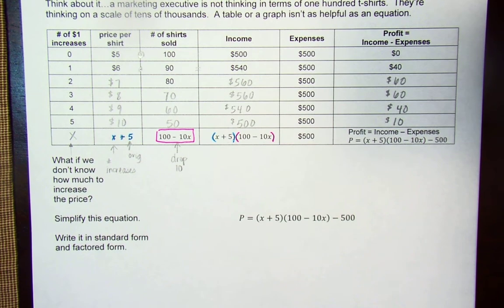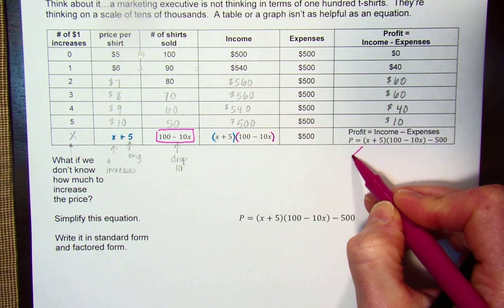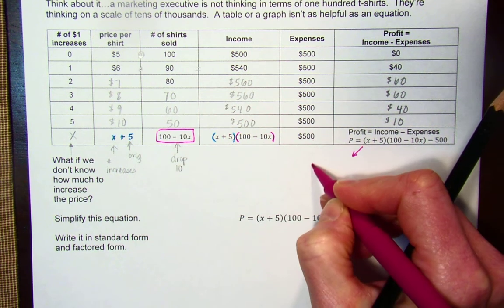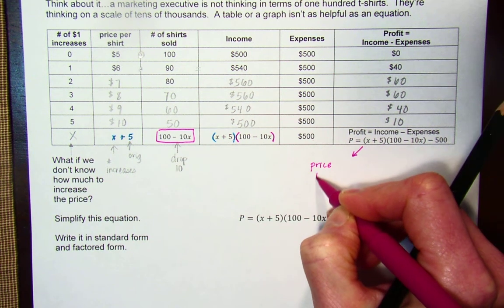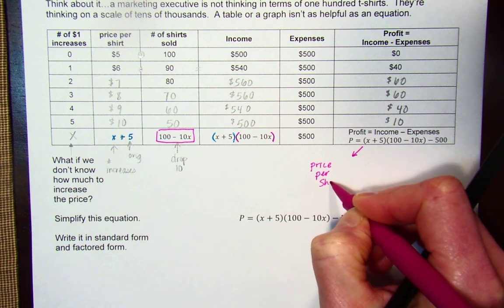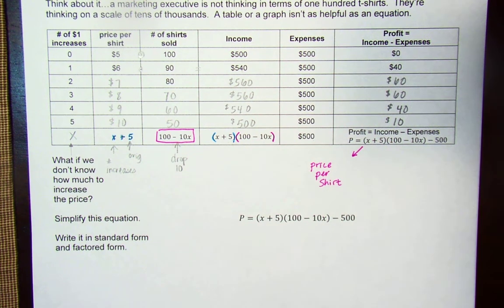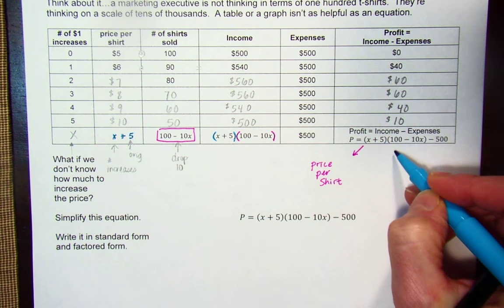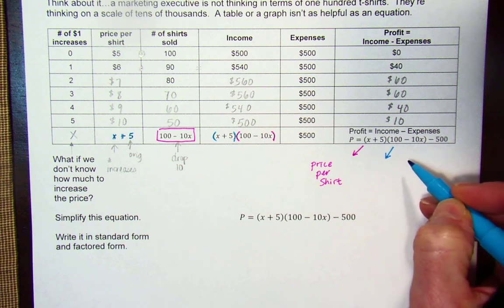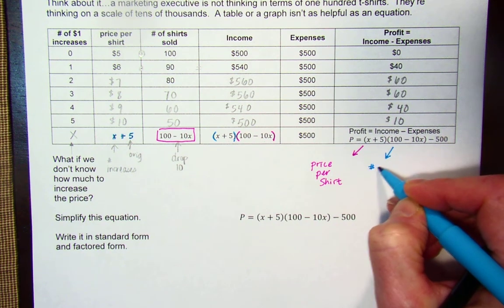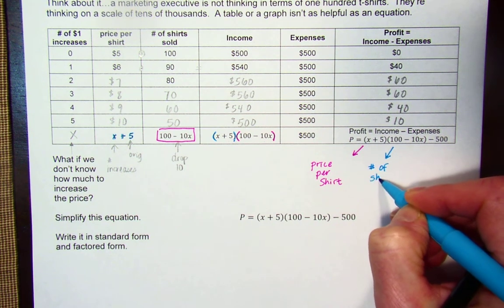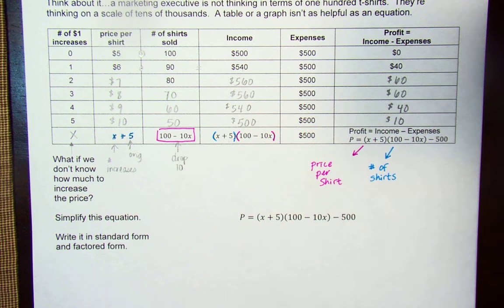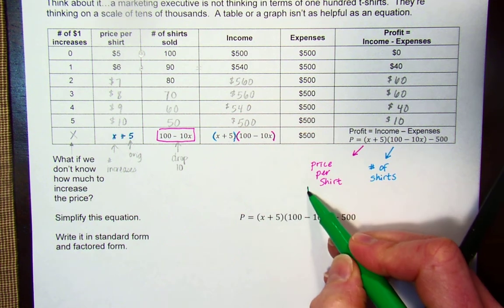So this part right here, this x plus 5, this is the price per shirt. And this right here, this 100 minus 10x, this is the number of shirts that they sell. And again, you're not going to have to figure this out by yourself. You should just be able to follow along with me.